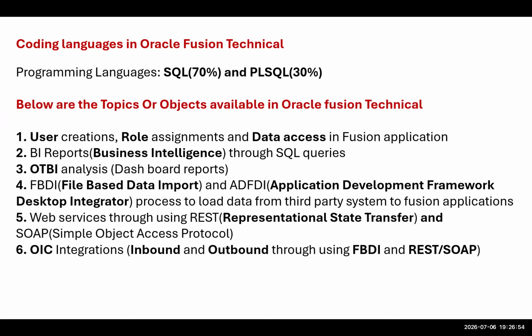What kind of work that user wants to do in the Fusion application comes under role assignments. Data access is what kind of data that user wants to see, at business unit or ledger level. We can discuss this in detail in a further class.